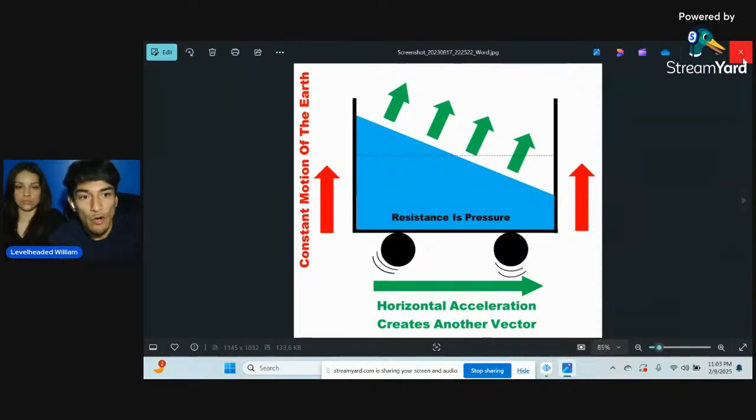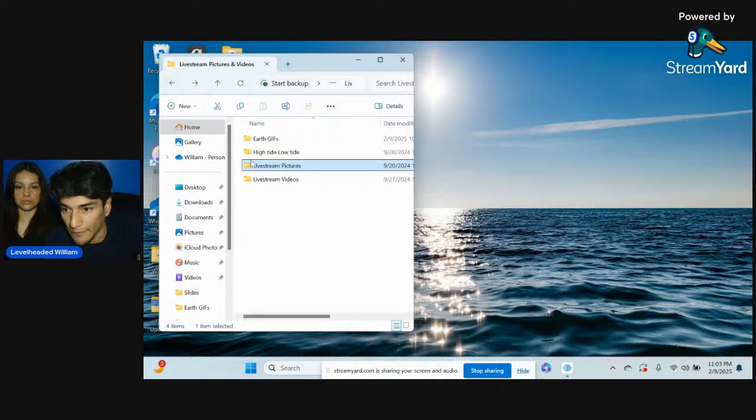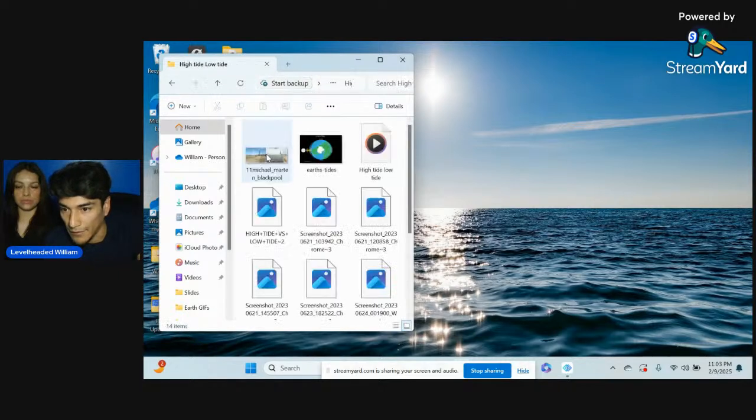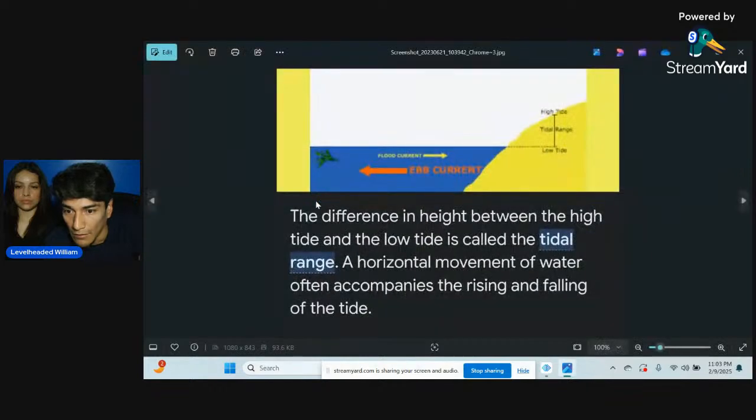So here on Earth, we experience high tide and low tide in the oceans. So what is the high tide and the low tide, right? Here I have some gifts. The difference in height between the high tide and the low tide is called the tidal range.